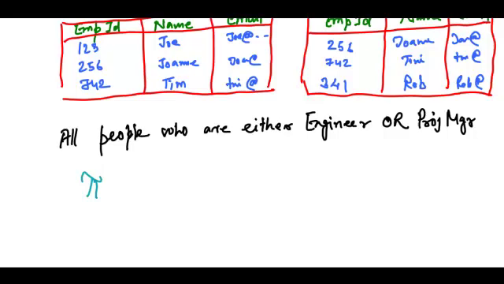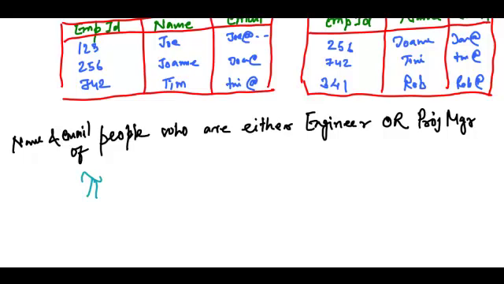Say, let's assume I don't want all the people, I want name and email of people who are either engineer or project managers.